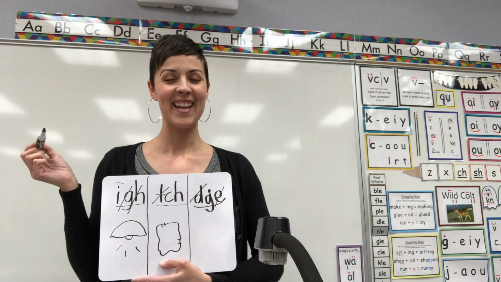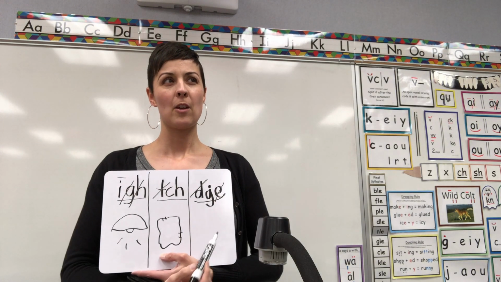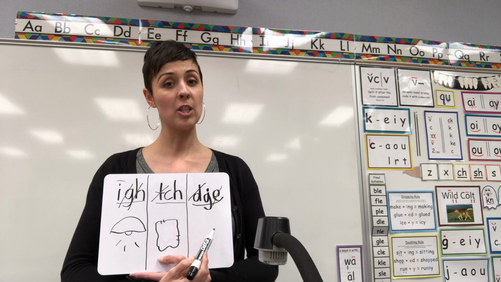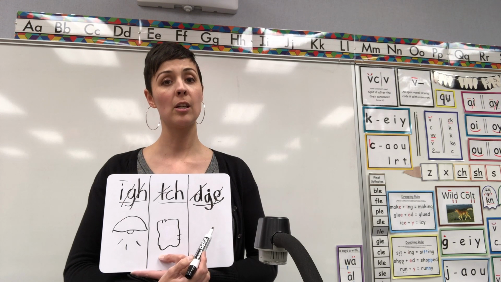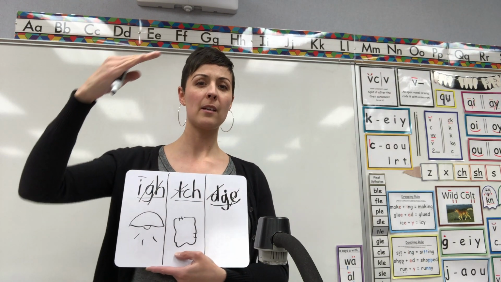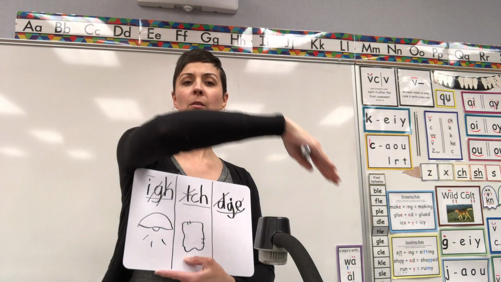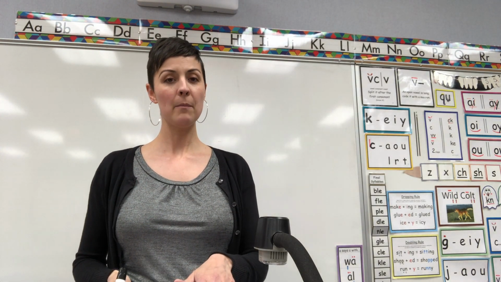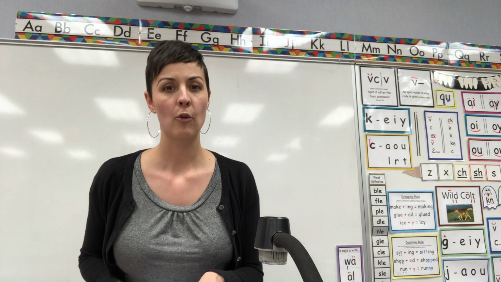You got it. And draw for me what was the picture that we used to remind us that DGE said j, j, j. Give you a clue. It's something that stretches from one piece of land over the water to the other piece of land. And it rhymes with ridge.